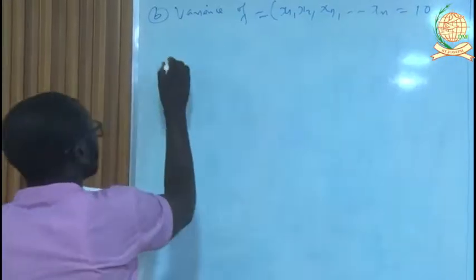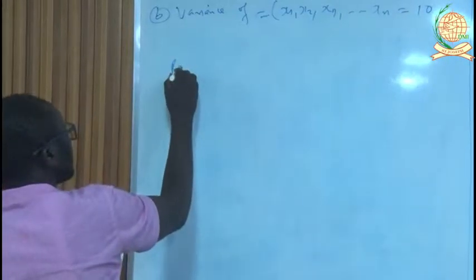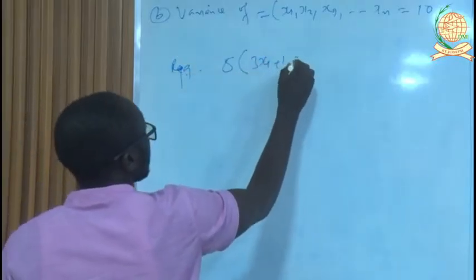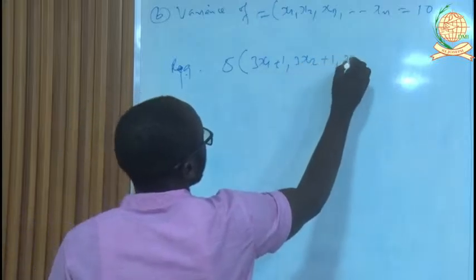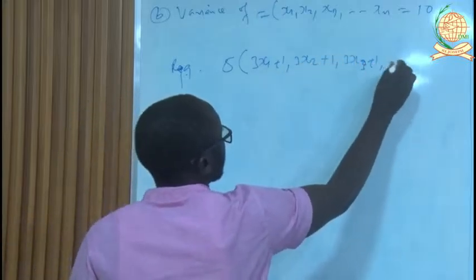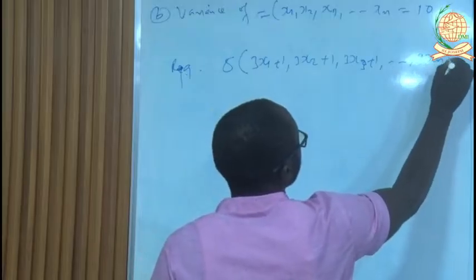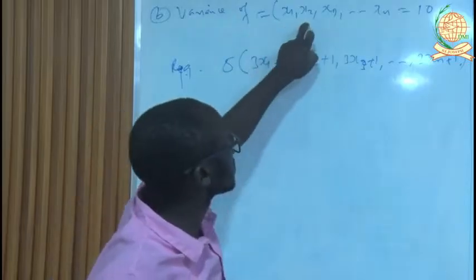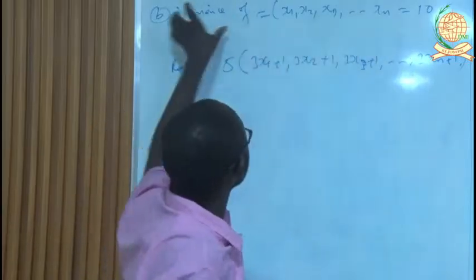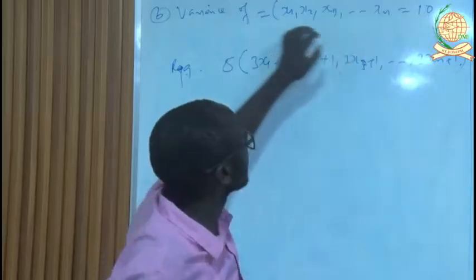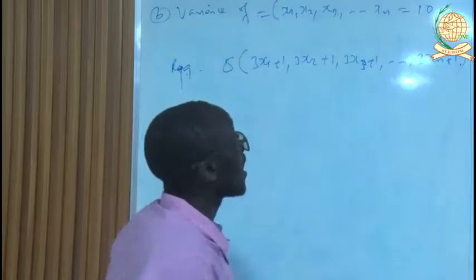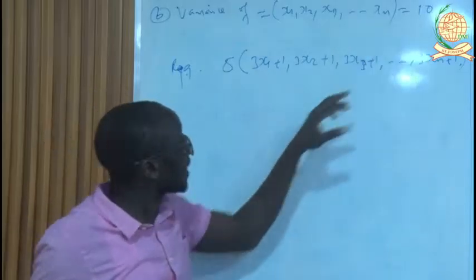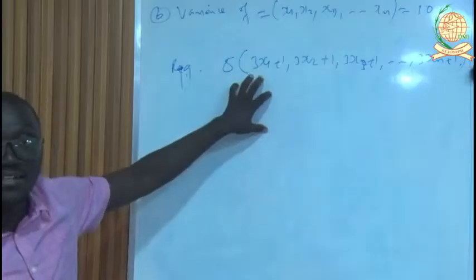The question says find the standard deviation of 3x1 plus 1, 3x2 plus 1, 3x3 plus 1 up to 3xn plus 1. So we are given statistical data x1, x2, x3 up to xn. Their variance is 10.